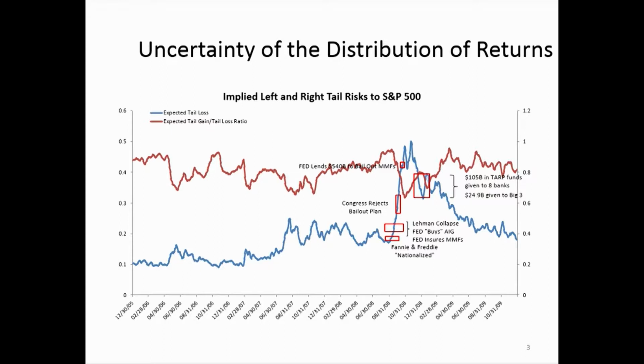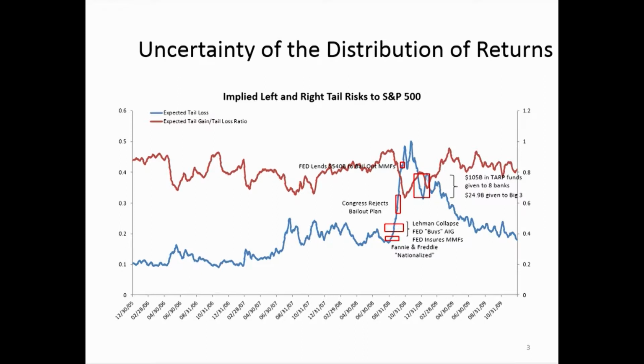So the expected tail gain is deduced from out-of-the-money call options, which give you a price of that, and by using the strip of put options and call options, it's possible to get the entire forward distribution, centered at the risk-free rate, of what the market is saying is the risks going forward.